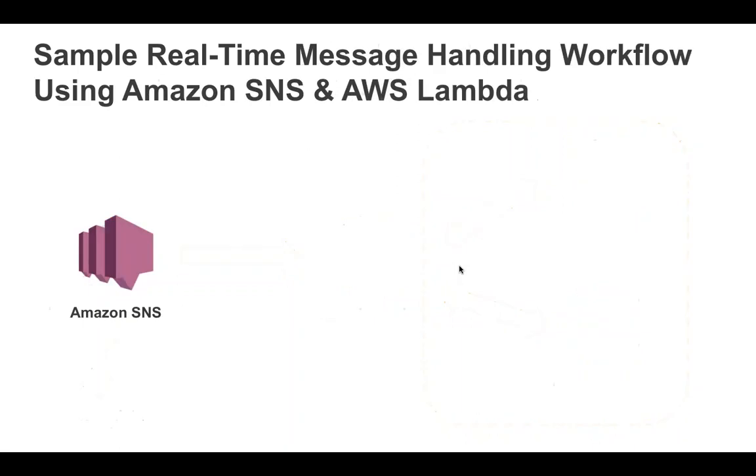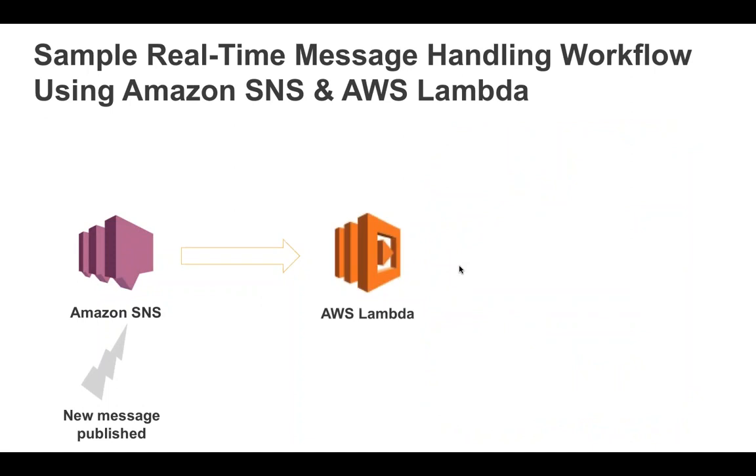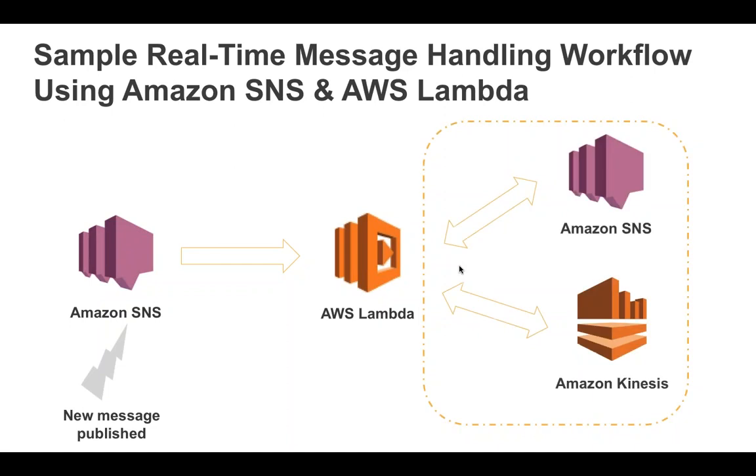Next one, real-time message handling workflow using Amazon SNS and AWS Lambda. So SNS is our notification service, and say a new message is published to the notification service. Well, that also creates an event, and Lambda can run a function based on that new notification.